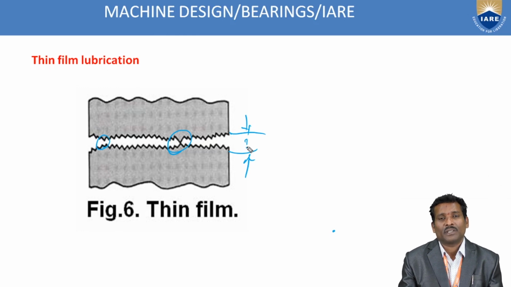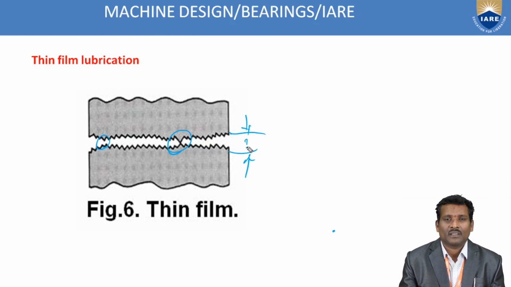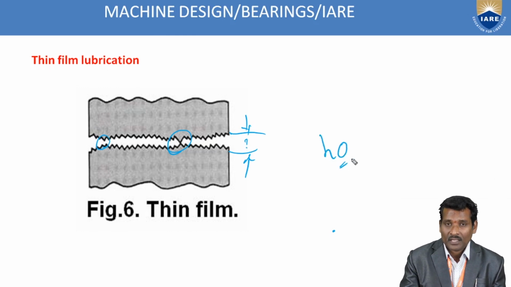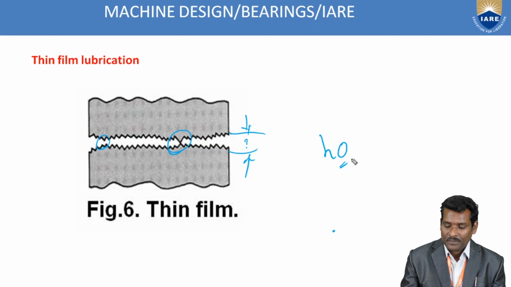That's why these bearings are called thin film lubrication bearings. Here the film is nothing but the lubrication oil layer thickness, which is represented with H naught, as we discussed earlier. This is the minimum oil film thickness.